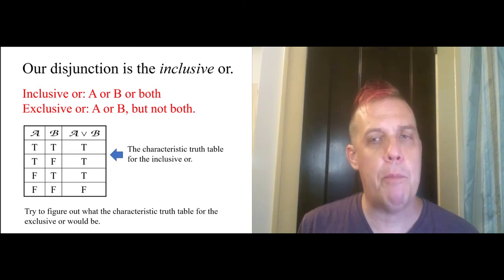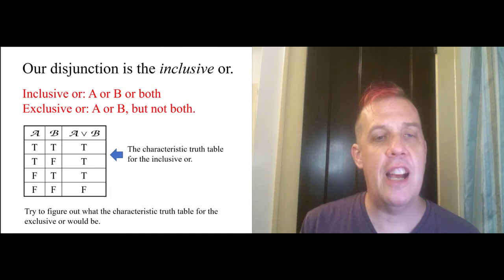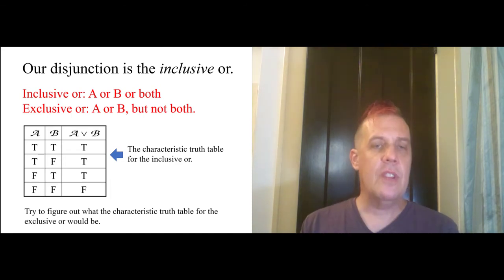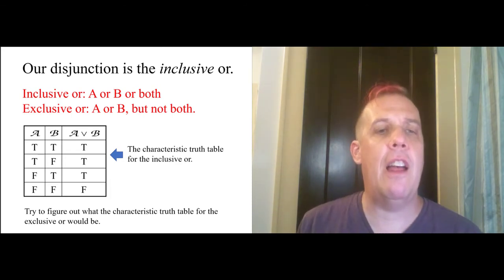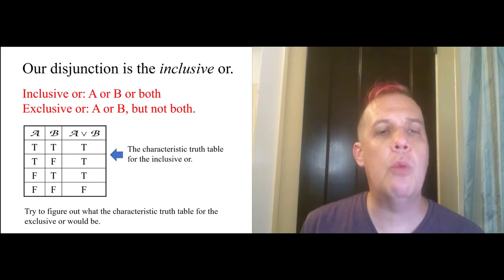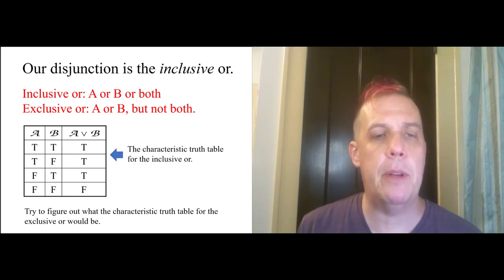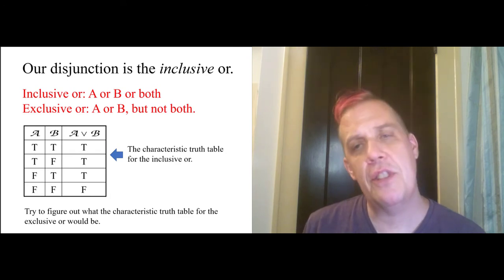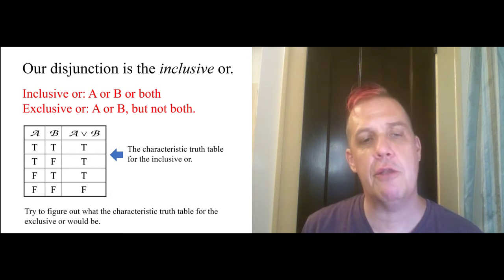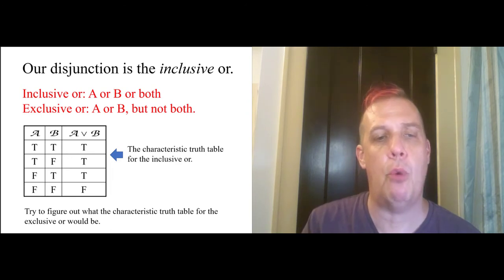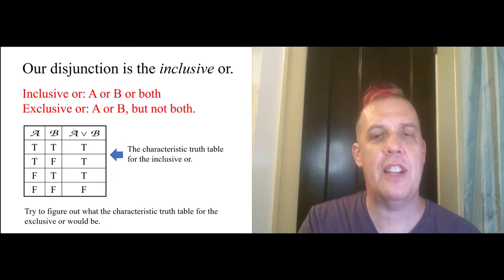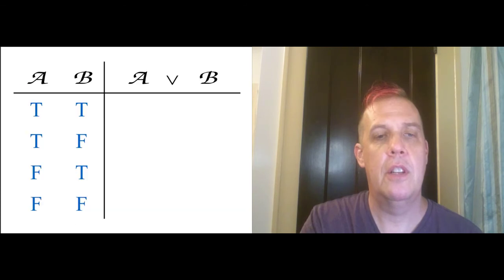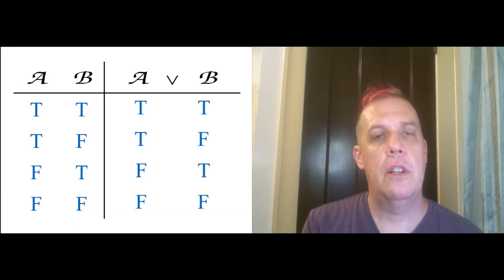Again, you see our 4 possible inputs, and when they combine, there's only one way for the disjunction to be false, and that's if both inputs are false. As an aside, you can try and figure out what the characteristic truth table for the exclusive OR would be. But let's set that aside. So let's just look at this truth table again.